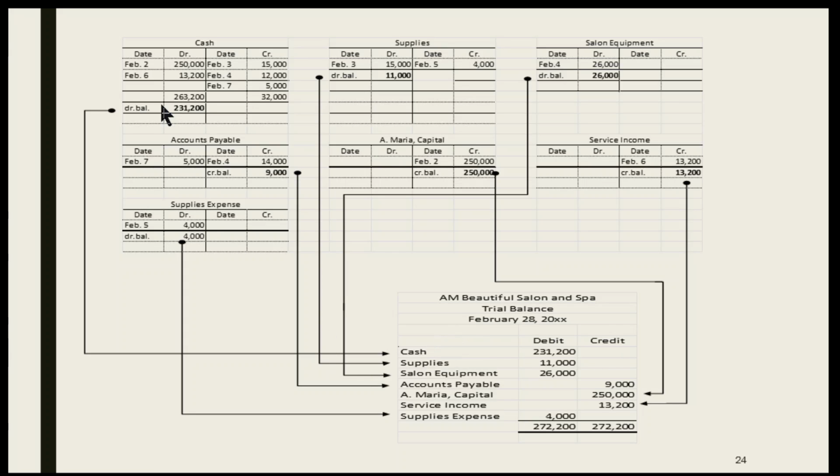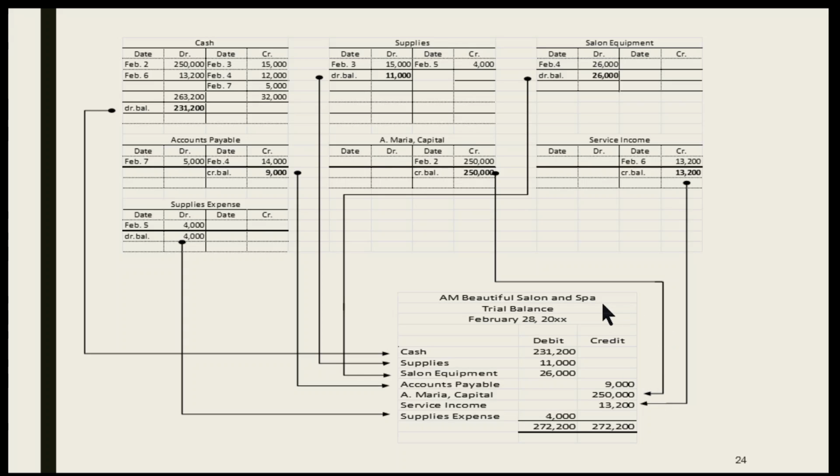Okay, so since we have 231,200 debit balance, you have to transfer that under the debit column. That's why it's important you write debit balance, credit, so that you will not get confused when you transfer it here. And then supplies, that is a debit balance. Transfer it here, and so on.